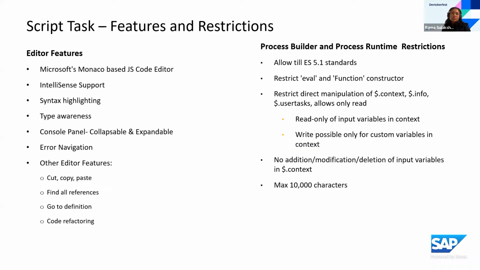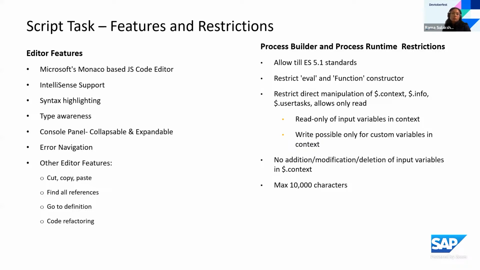There are also some restrictions at the process builder and process runtime side with respect to this script task. It allows only up to the 5.1 standard. For the same reason, functions like eval and function constructors are restricted, and you can read the dollar context, dollar info and dollar user tasks which are available, but direct manipulation is not allowed.